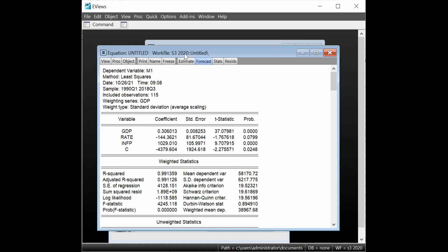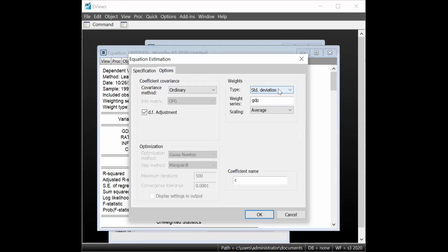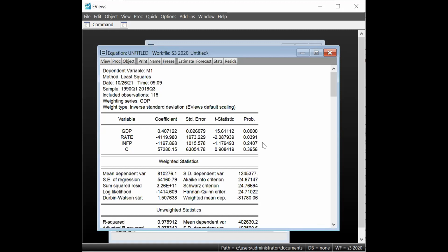We can also, for example, choose here the inverse of standard deviations. Now it's not an appropriate model here.